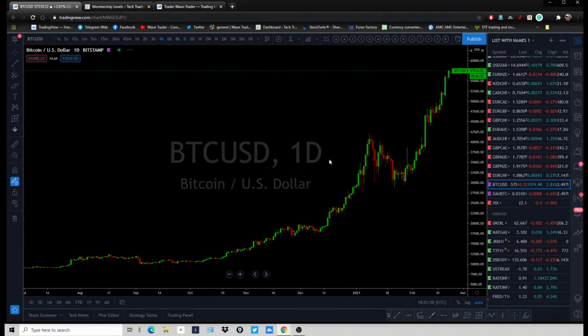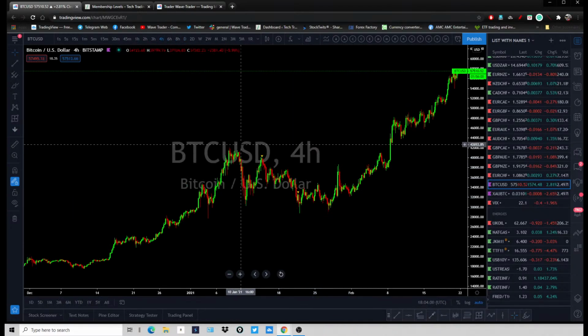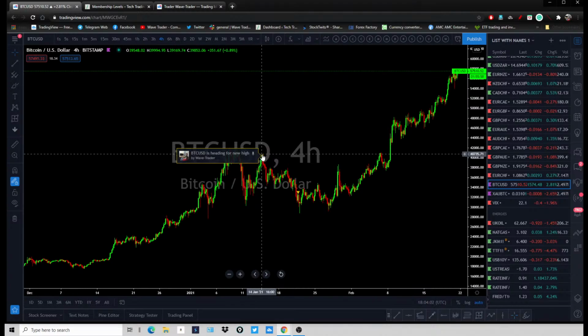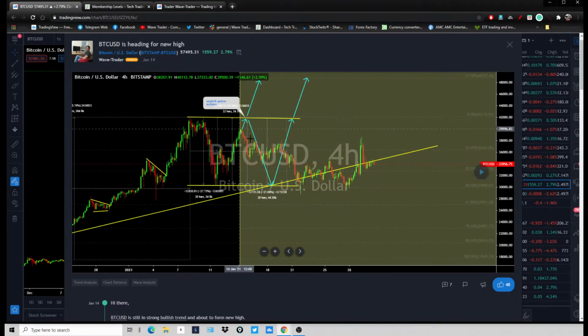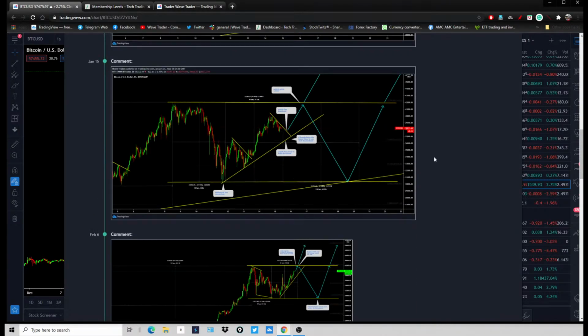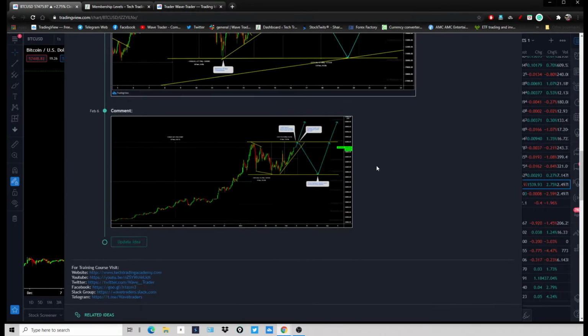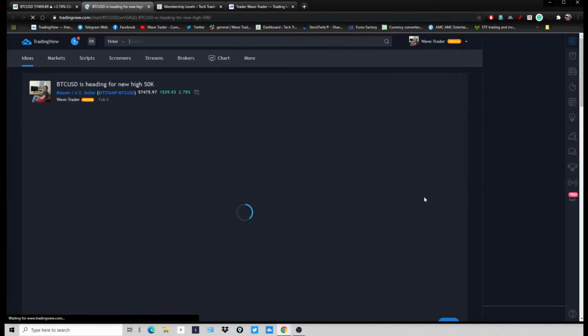If I look at the 4-hour time frame, there we were in a bigger correction when it was about to test the previous top. We have seen it go back to that low at 29,000, and then it never looked back, and it just kept pushing higher.